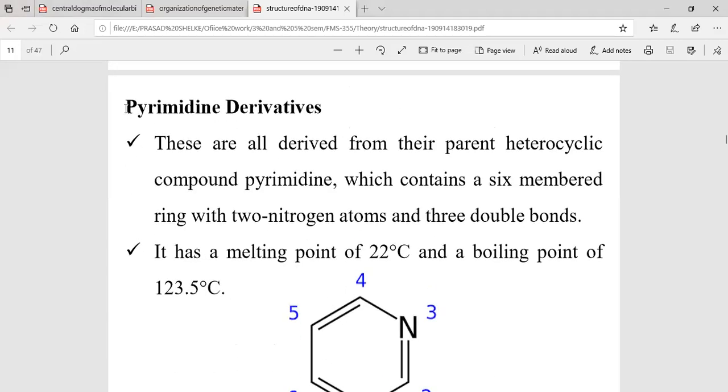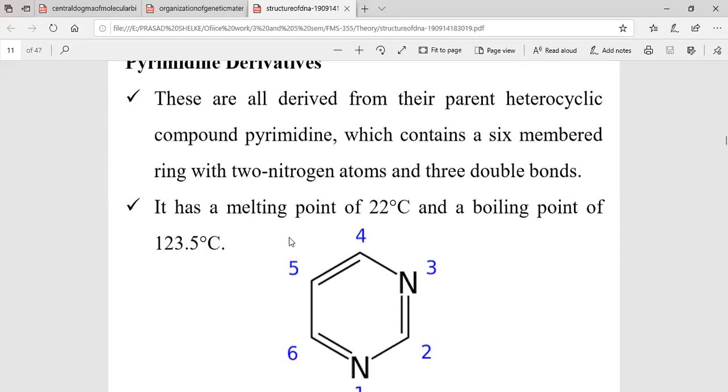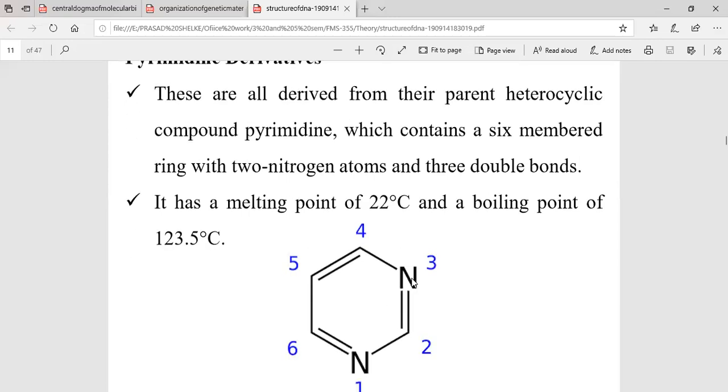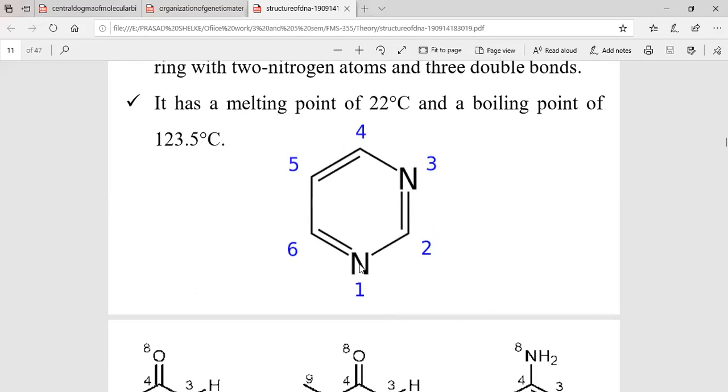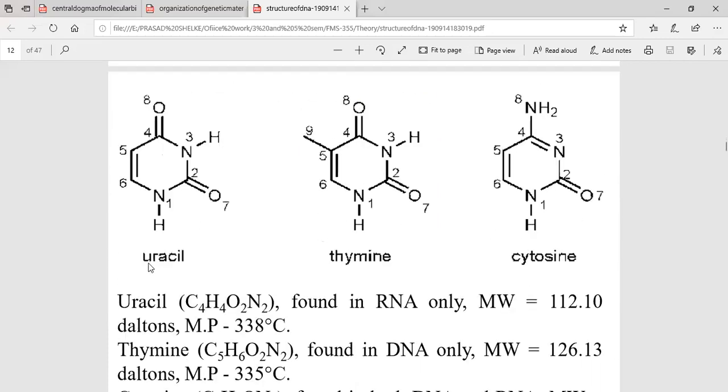Here you can see the pyrimidine derivatives are generally a single aromatic ring. The nomenclature comes from starting at the nitrogen: N1, N2, N3, with these being the carbon numbers. You can see here uracil, thymine, cytosine.